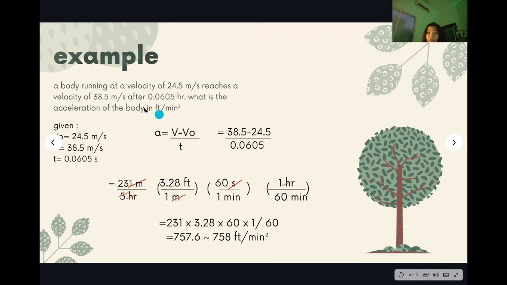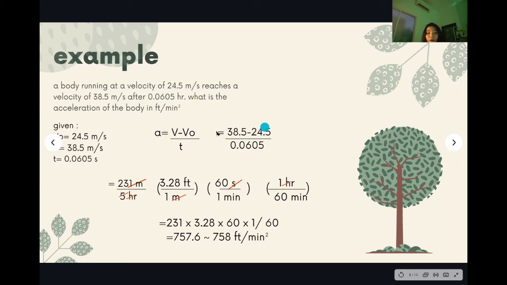So first of all, we need to find the acceleration, which is the formula v minus vo over t. So v minus vo is 38.5 minus 24.5 over t. T is time, so it will be 0.0605.